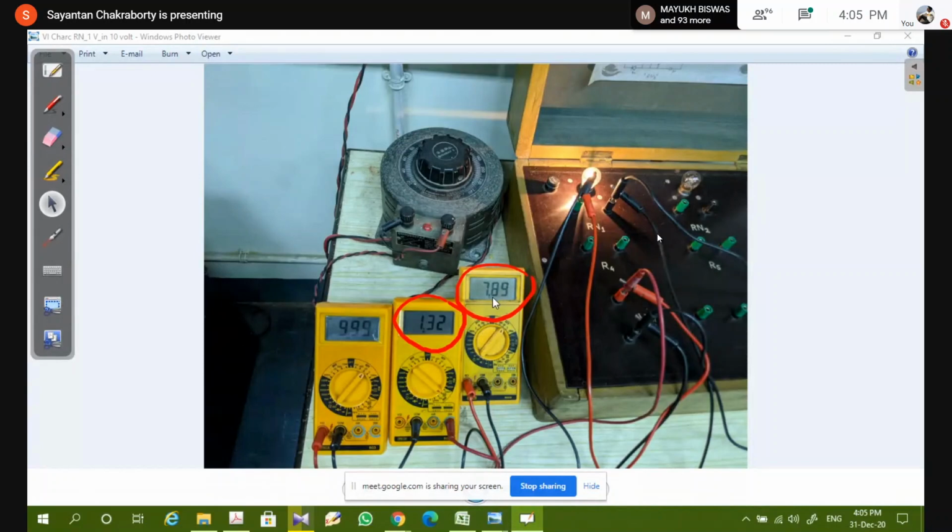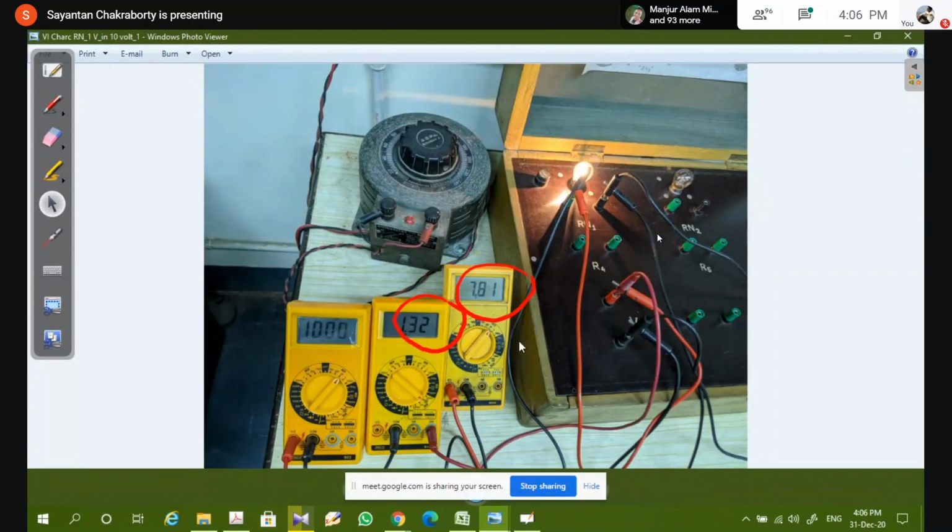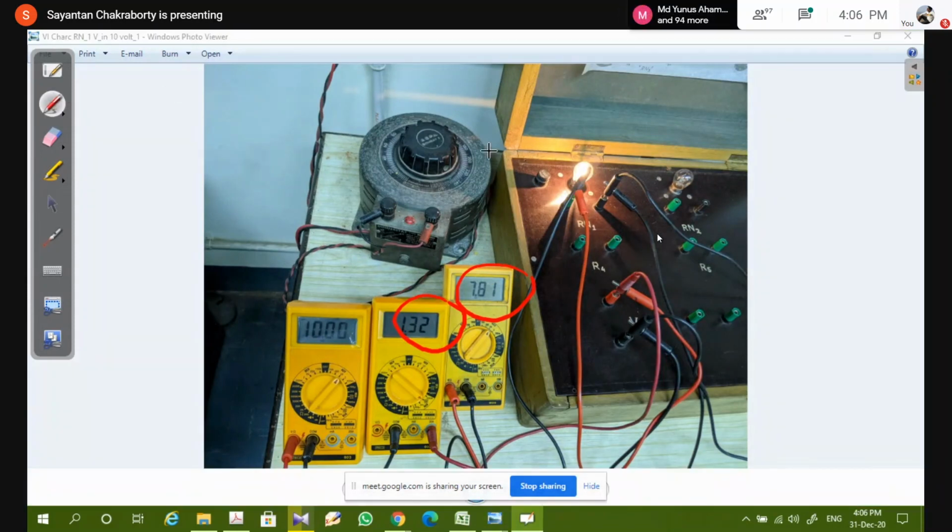You will see 7.89 is now 7.81. Just because of the luminance of the lamp, if you keep this lamp turned on, the resistance will change. So you would not expect a constant voltage across its elements because the current is continuously flowing. So there will be fluctuations in the voltage drop across this lamp, right? So this phenomenon will be used in a very interesting fashion later in the experiment.